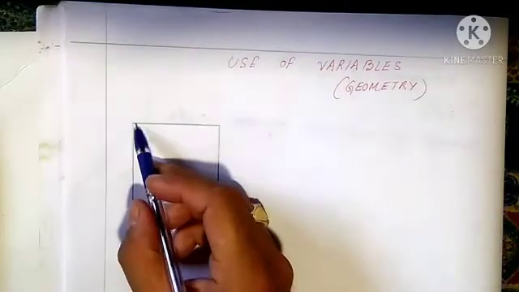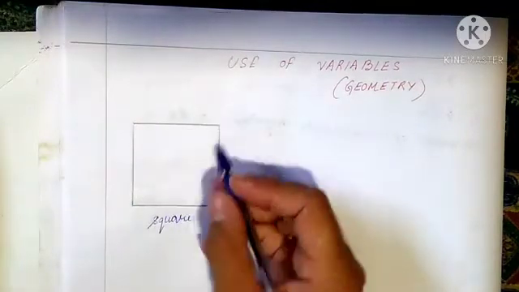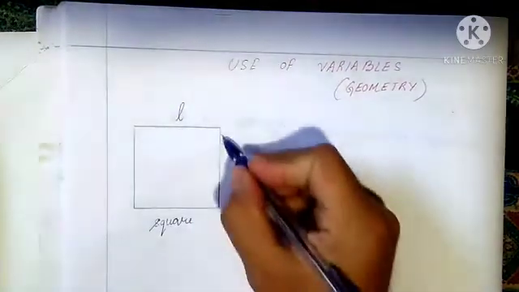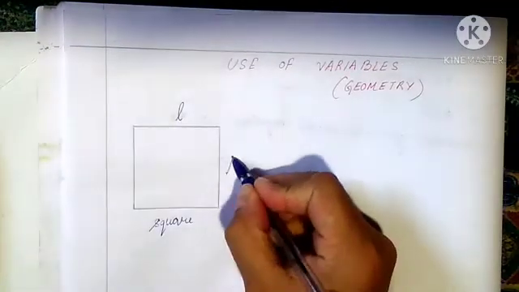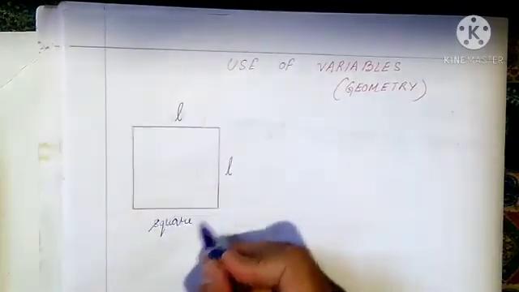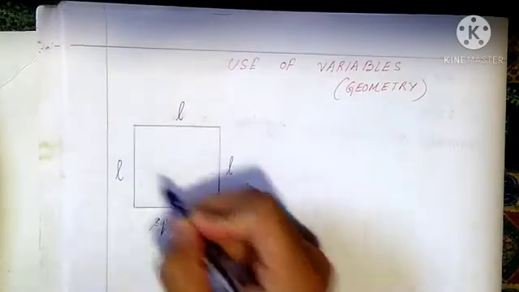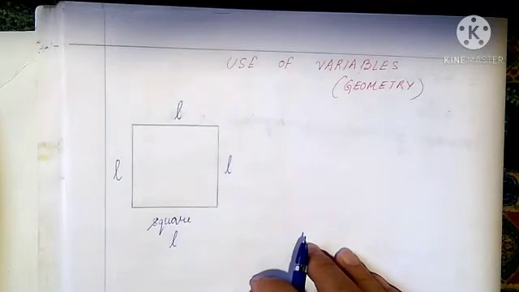So let the length of this side be, for me, the variable L. Then the length of this side will also be L, this side also L, and this also L. That means all four sides will have length L, since all four sides of a square are equal.